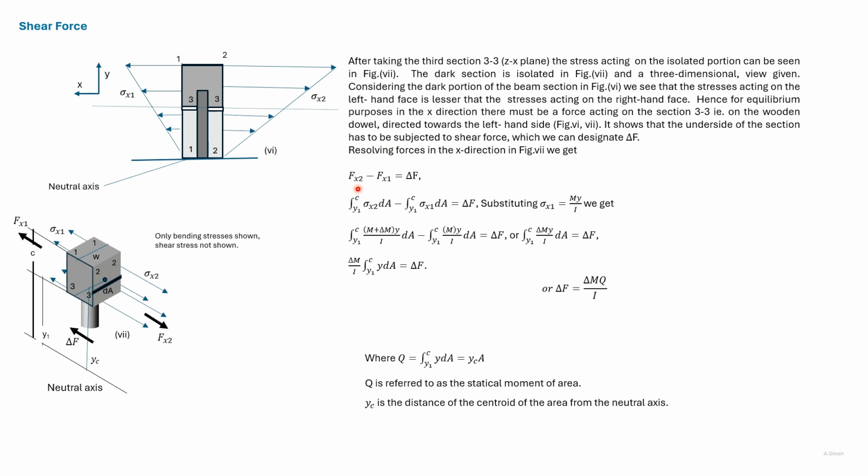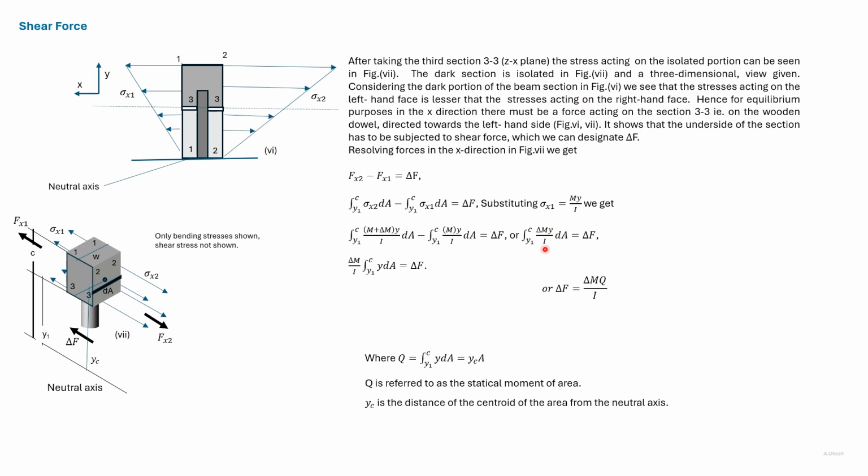Then this equation can be written in this form using stresses. Now sigma x1 is equal to My by I, and sigma x2 is M plus del M, y by I. Substituting, we get this expression.